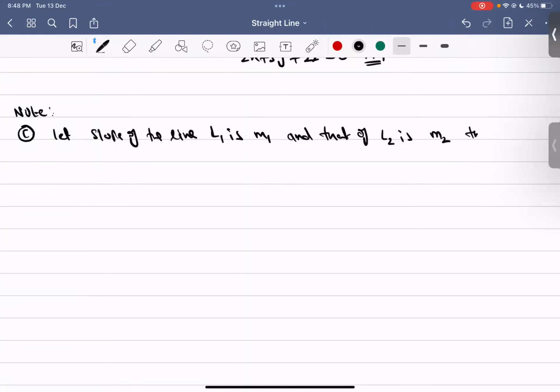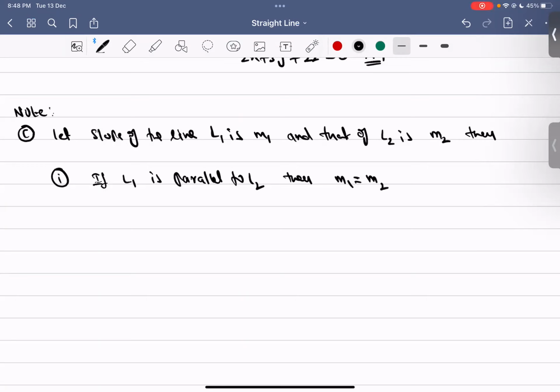Then, the first point: if L1 is parallel to L2, meaning the two lines are parallel, their slopes are equal. Then the slope of L1 is equal to the slope of L2.